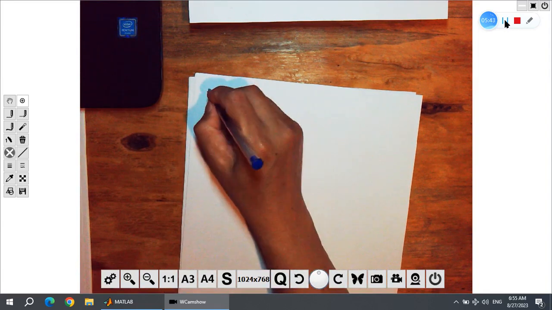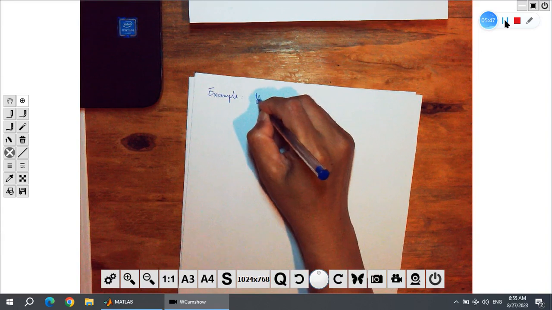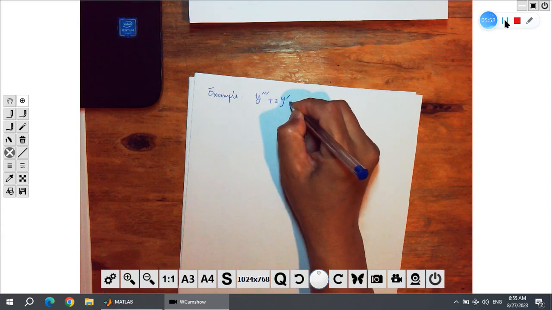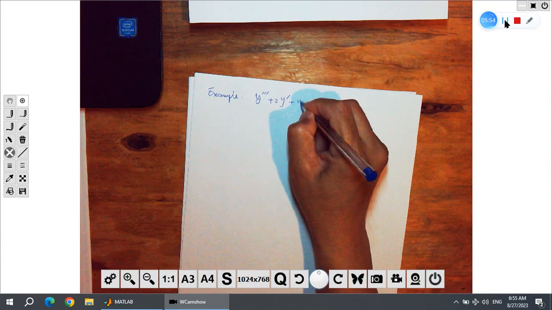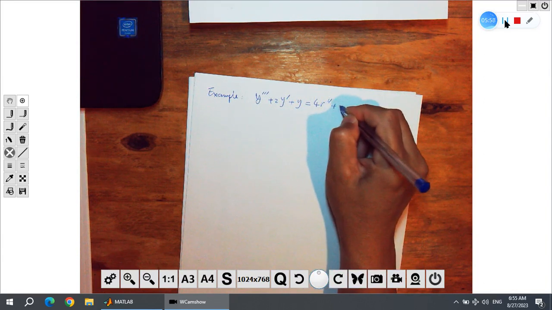Like we have an example, we can check it. Y's third derivative plus 2 times y's first derivative plus y equals 4 times r's second derivative plus 9r.